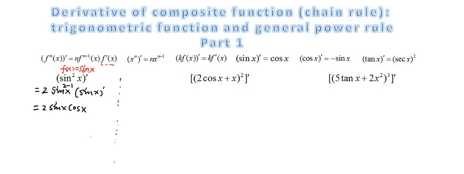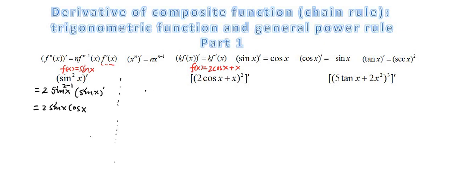Now let's take a look at the second example. We can see what is f(x). f(x) is 2 cosine x plus x. Okay, and the n is still 2, right? Now we're gonna plug in the formula, right?